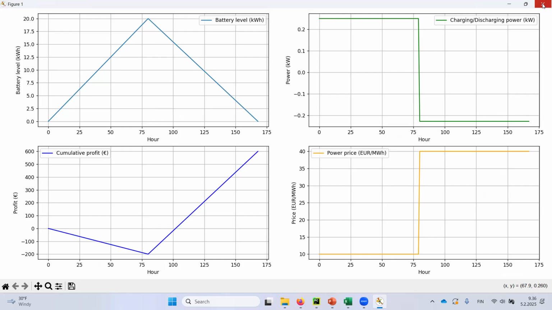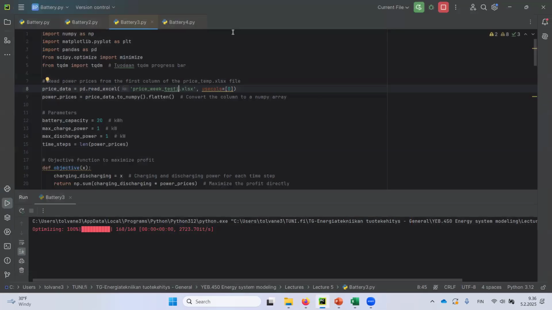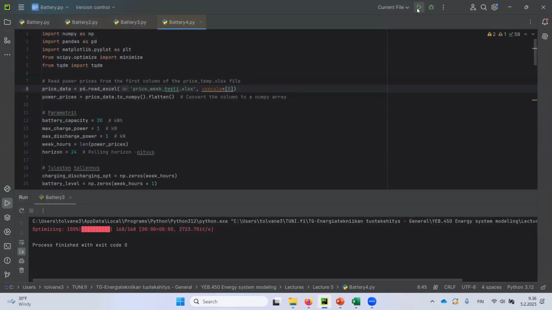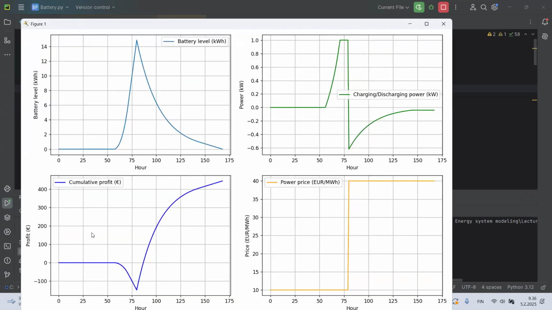Or actually, this is the one that sees the entire week. Yeah, this wasn't yet the whole rolling horizon, sorry. This is the one that sees the entire week, and this one is the rolling horizon. So when I start this one, it gives me something a bit funkier. It only realizes at that point that, hey, it's going to be a higher price. Let's start charging. The previous algorithm saw it already from here. It saw the future.